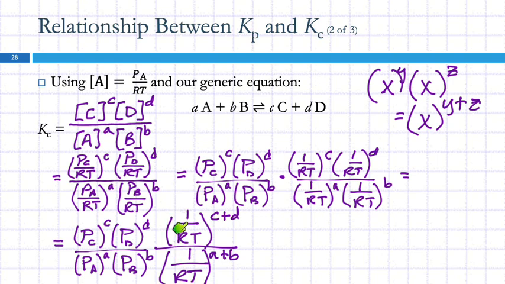When we invert something, what does that do to the exponent? If we want x, and we want to make it 1 over x, we raise it to the negative 1, right? So if I make this exponent negative, then I can say this is RT.